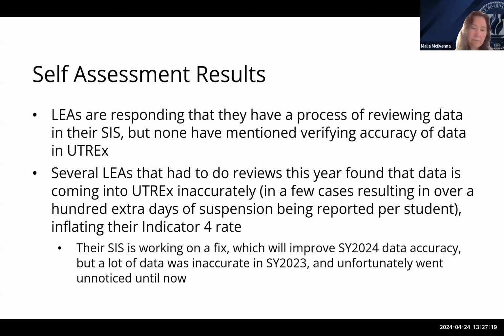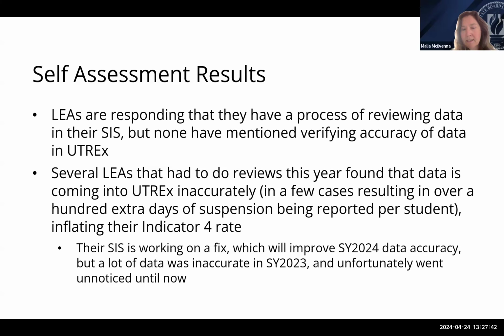And as of a few weeks ago, at least with one of them, we verified that in 2024, it's still coming in inaccurately. In a few cases last year, we had students who ended up with over 100 extra days of suspension being reported per student, which was wrong.